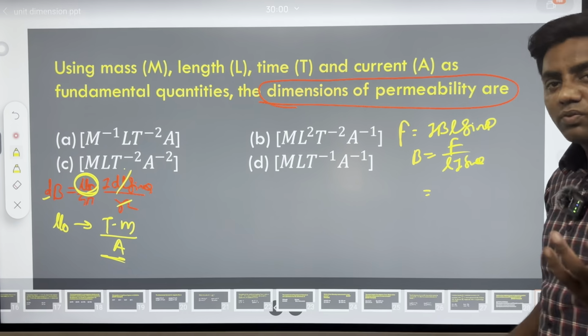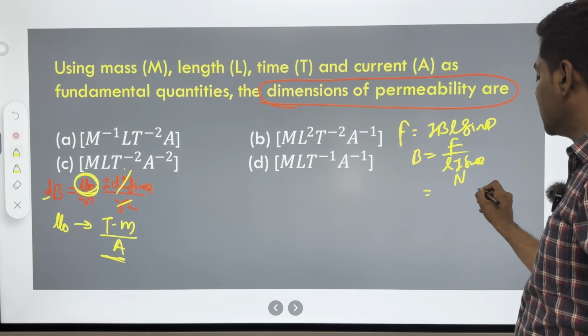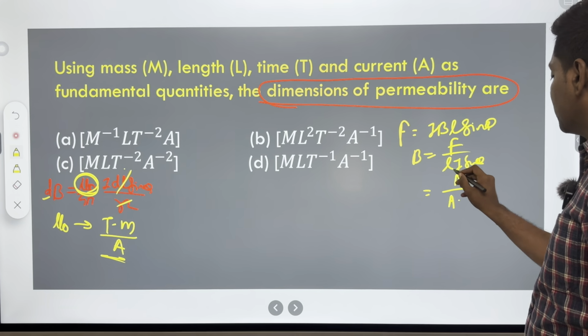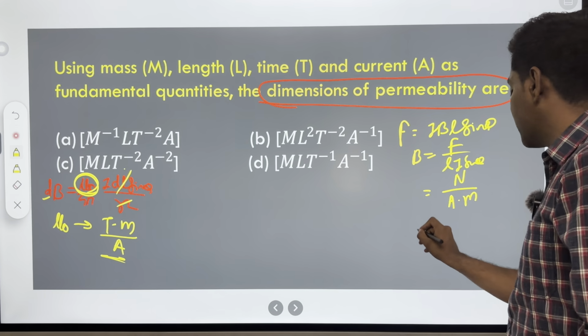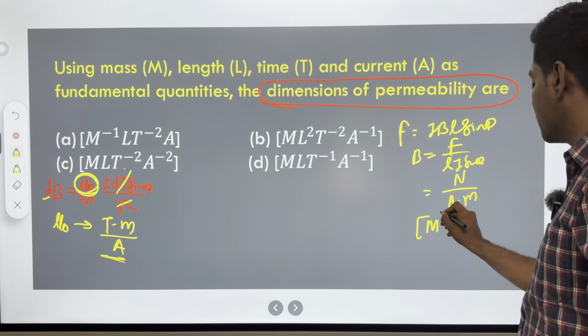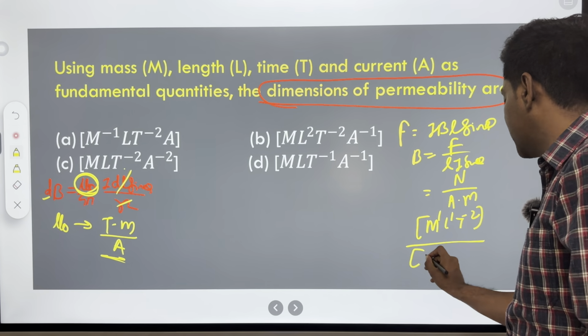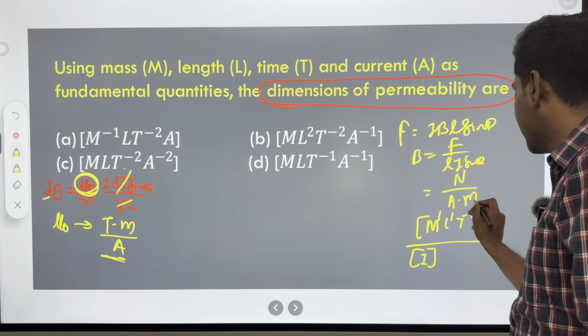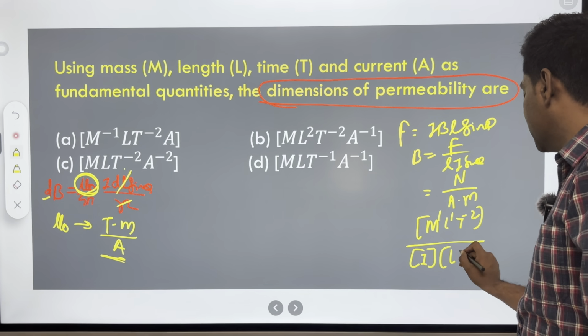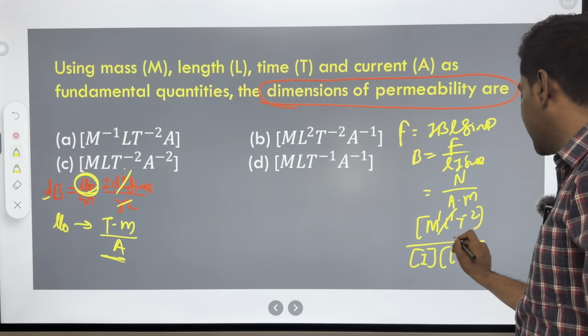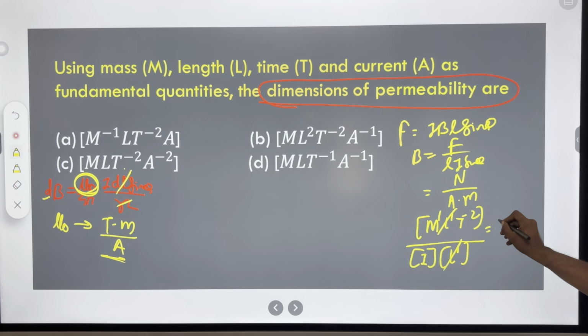Force is measured in Newton, current in ampere, length in meter. The dimension formula for force is M1 L1 T minus 2, then for current I, then for meter, length. So length gets cancelled, and it becomes M1 L0 T minus 2 I minus 1.